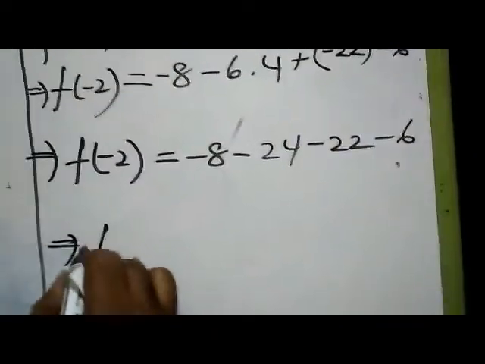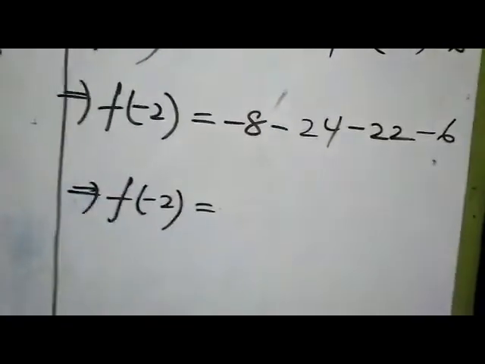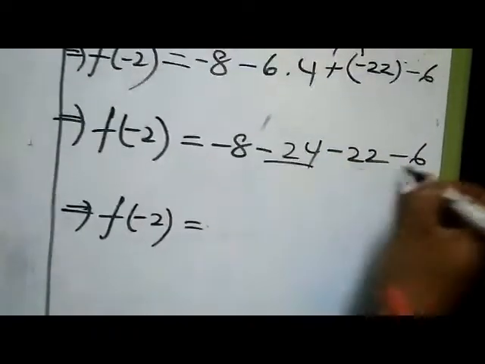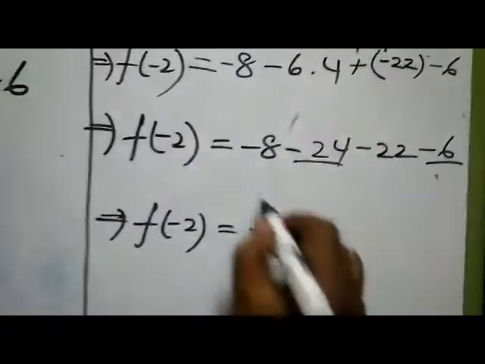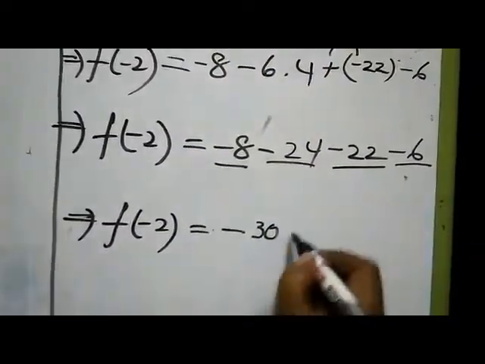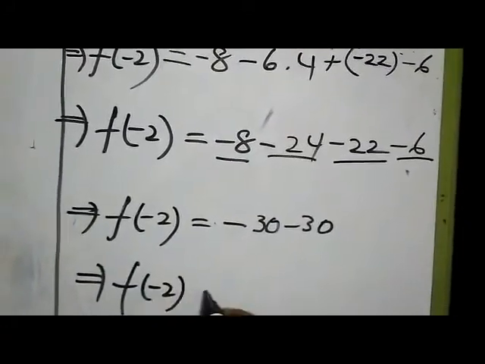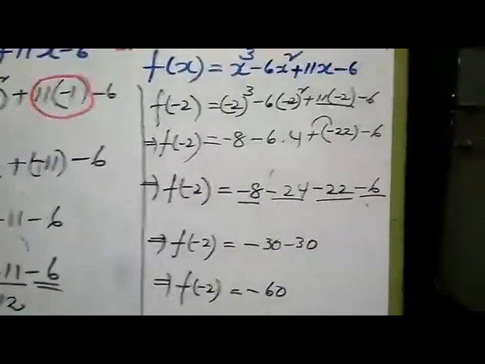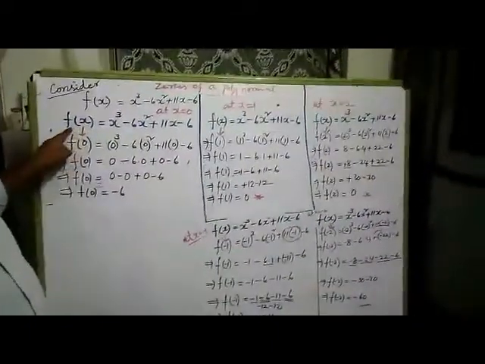Sorry, we can add minus 24 minus 6, which is equal to minus 30. Minus 8 minus 22 is equal to minus 30. That implies f of minus 2 is equal to minus 60. Directly you can add. f of minus 2 is equal to minus 60. Here, the value of the polynomial at x is equal to 0 is minus 6.